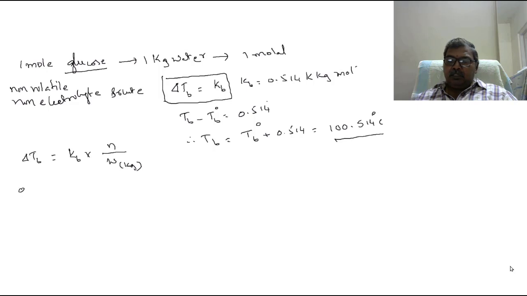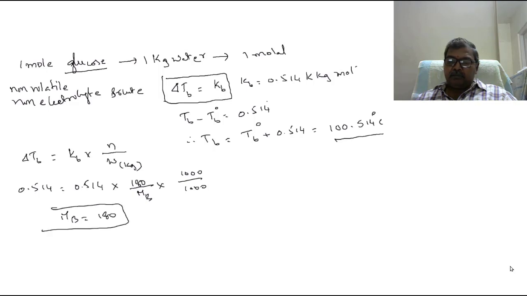So it is 0.514 into weight over molecular weight of the solute, 180, by 1000 by 1000. So you will get the molecular weight of the solute as 180. Like this we can calculate the molecular weight of an unknown solute. Just I gave one example.